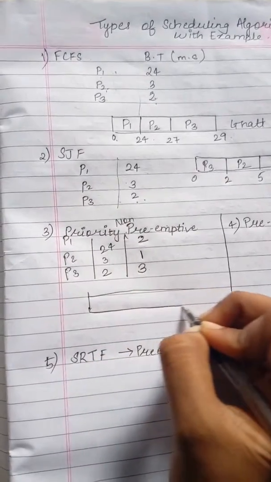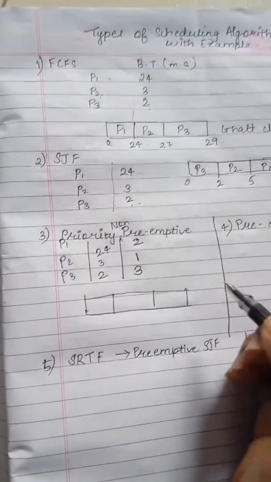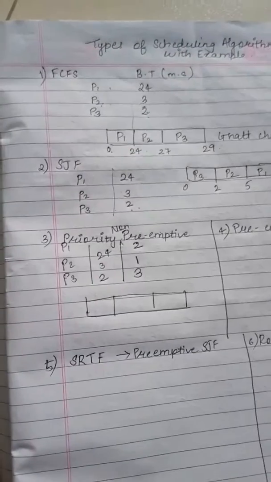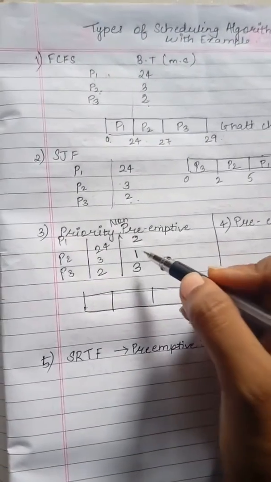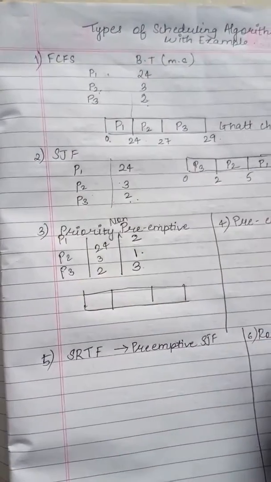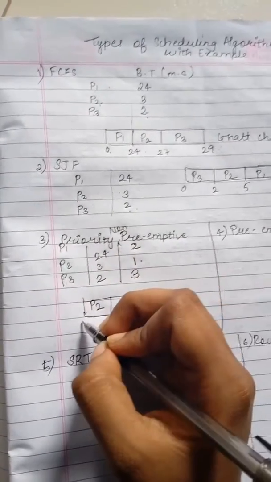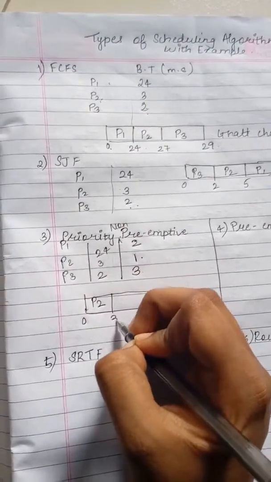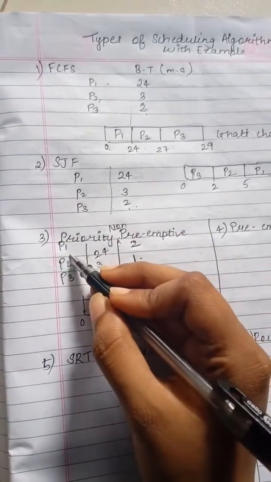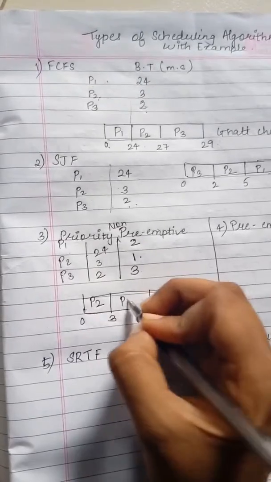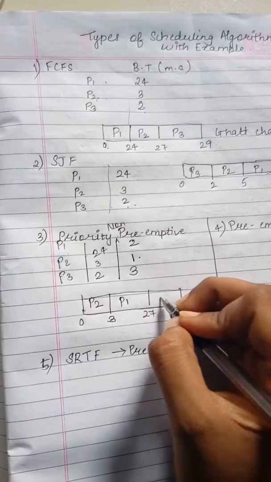In this we will see whichever is having the highest priority. The lowest number is considered to be the highest priority. So we will execute P2 first for 3 milliseconds. Then after that P1 is having the highest priority, P1 will get executed, and then P3.